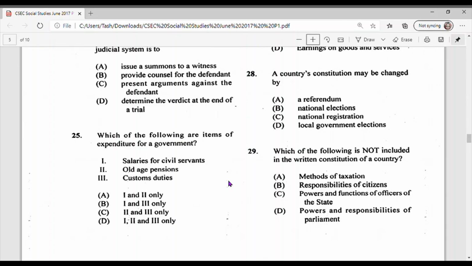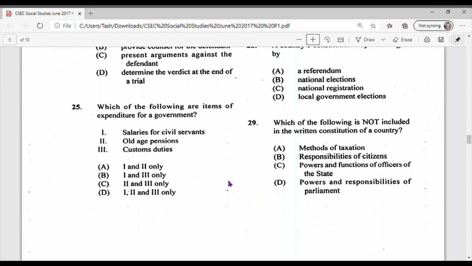And 3, custom duties. They're not giving anything for custom duties, they're actually receiving payment from persons who are bringing in items into the country. So the only expenditure in this question would have been 1 and 2. So your answer for number 25 would have been letter A.